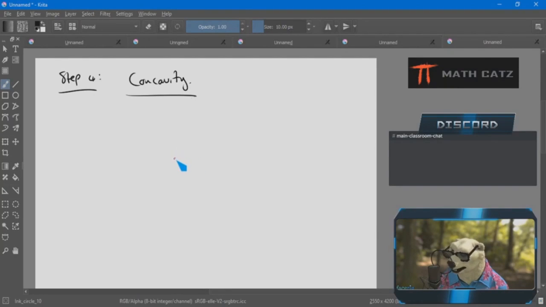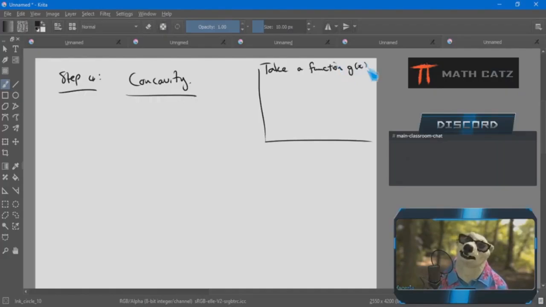Now, let's take a side note. Take a function, I don't care what function. Let's call it g. Take a function g of x. Remember that this function is increasing, forgetting the 0 part of it, whenever the derivative is positive.